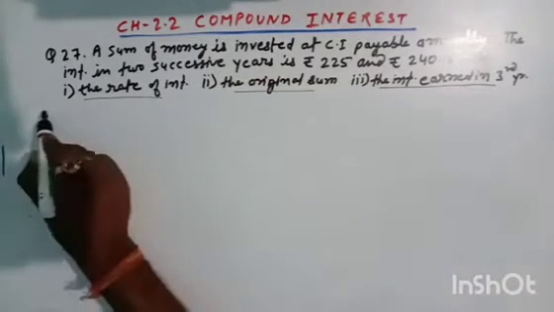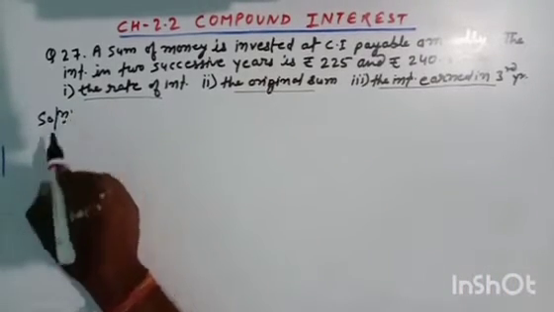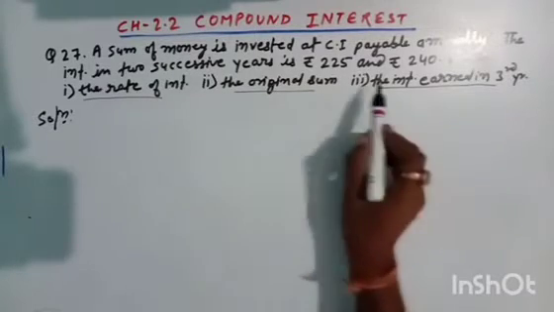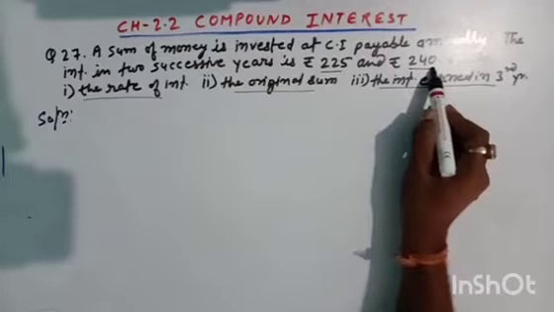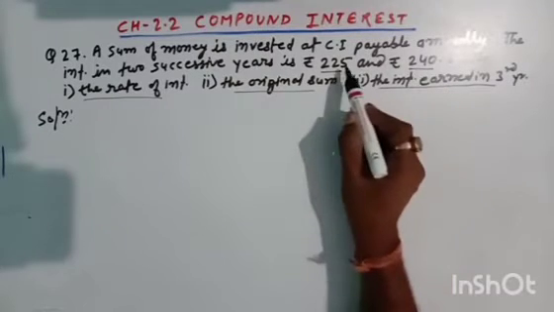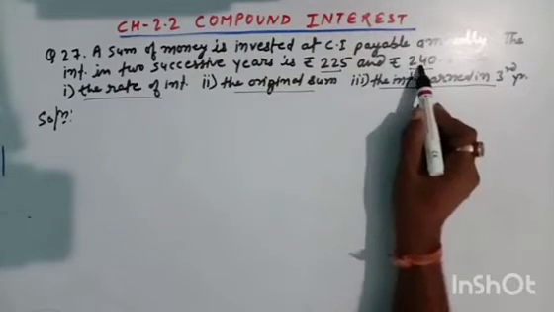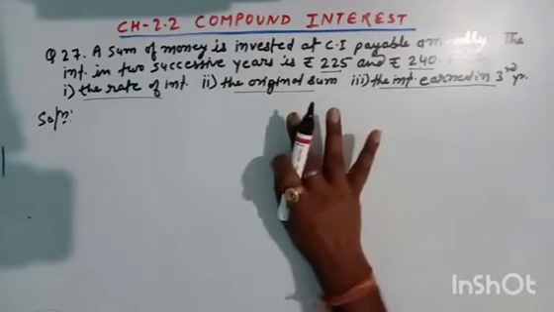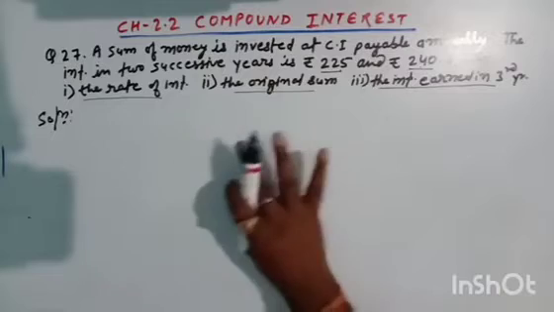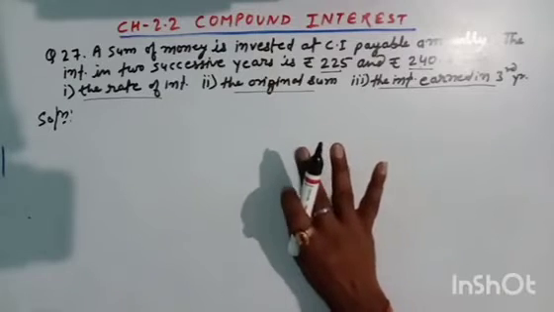First, see what we are given here. These two interests are given for two successive years. This is for the first year, this is for the second year. Nothing else is given, no sum, no amount, no rate of interest.